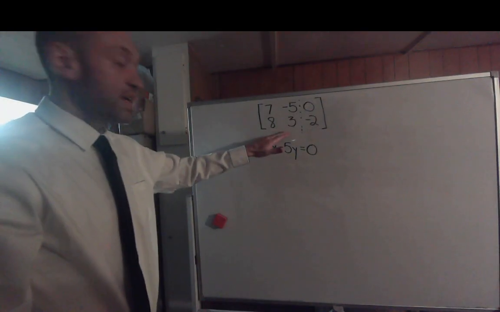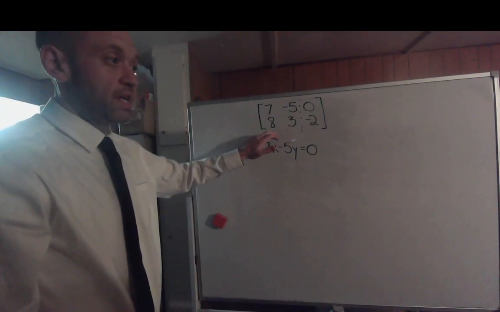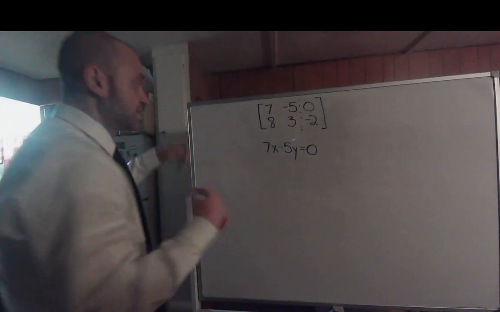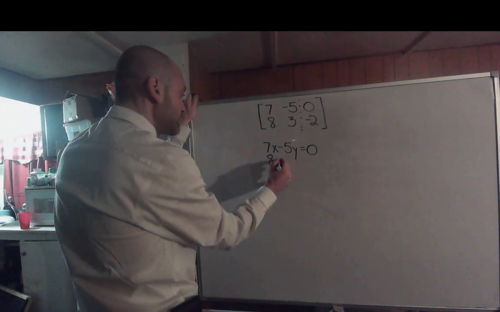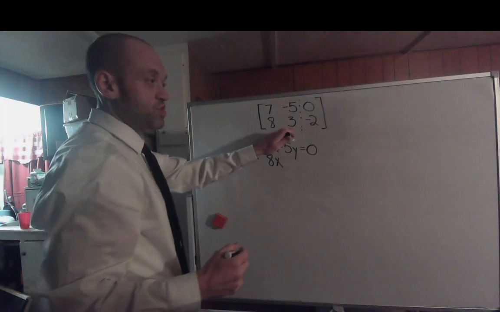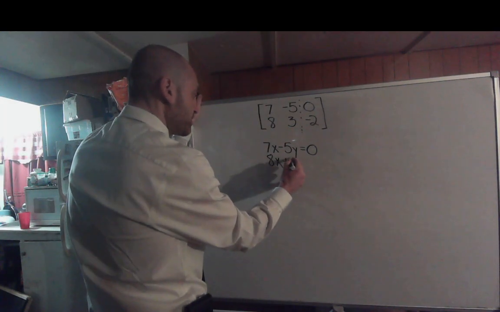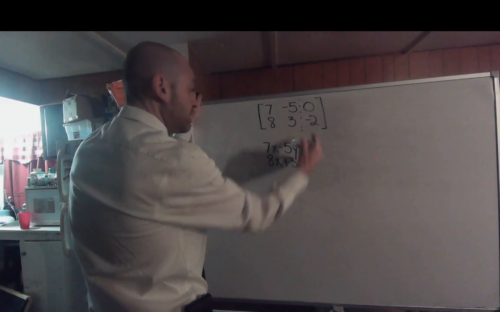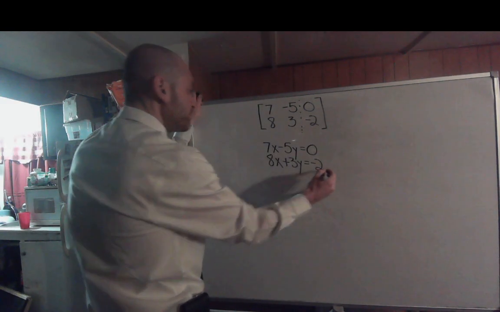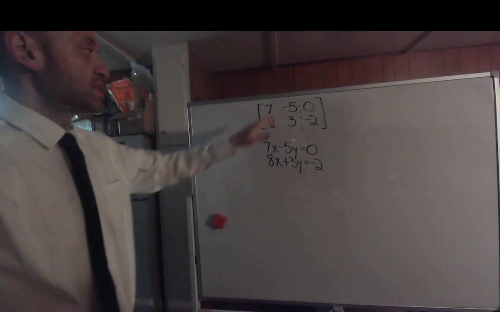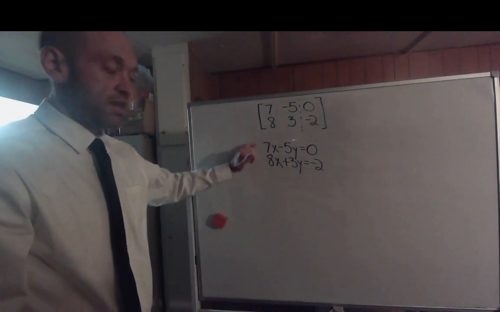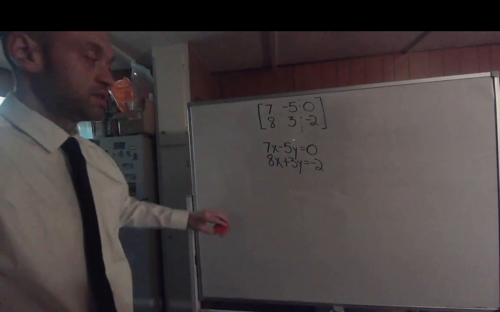Now we have a second row. First entry is the coefficient on your x. That's going to be 8x. And then the coefficient on your y, so that's plus 3y equals negative 2. So that's how you could turn this augmented matrix into a standard system of equations.